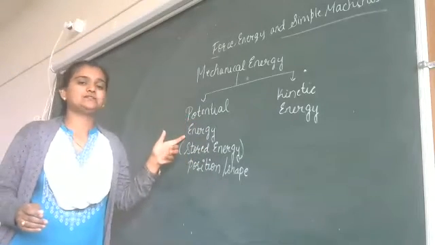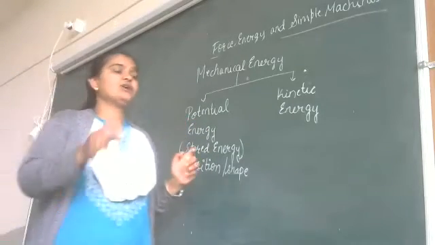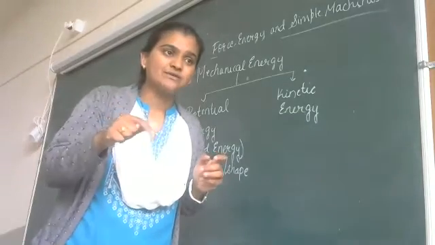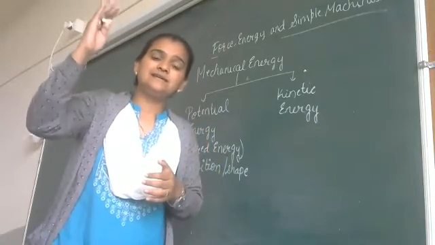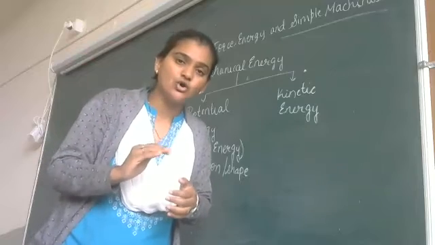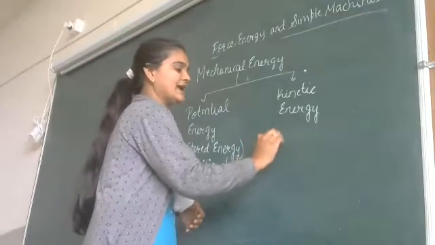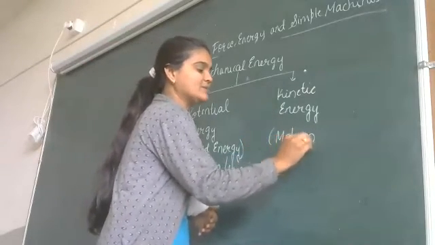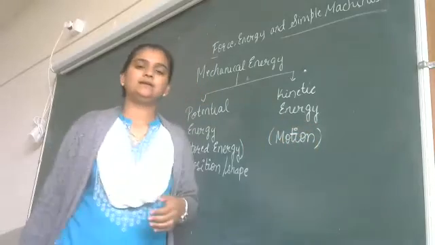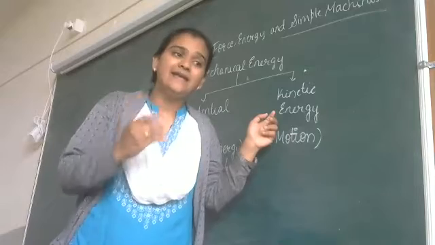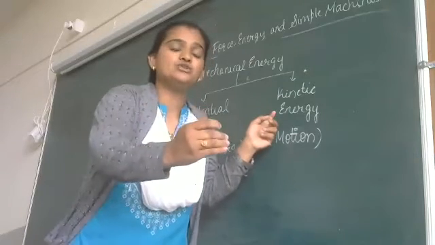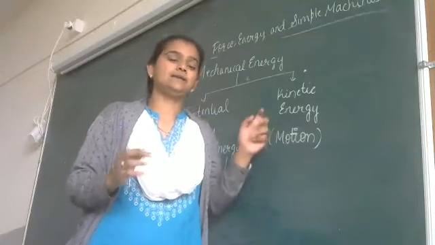That is potential energy. Now, when you are using the taps and the water is flowing from the syntax to the taps in your home, that is the energy gained by its motion. Kinetic energy is nothing but the energy gained due to the motion of an object.